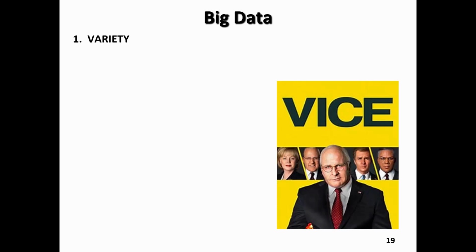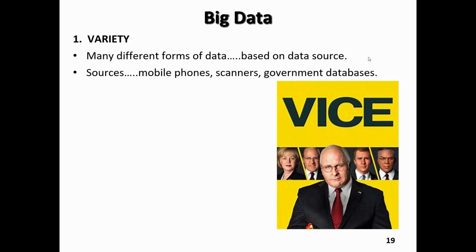The first factor, variety, is to understand and be prepared that data comes in many different forms, based upon the actual data source. These sources of data can come from government databases, mobile phones, or scanners. What I have here on the slide is a poster for a movie titled Vice.